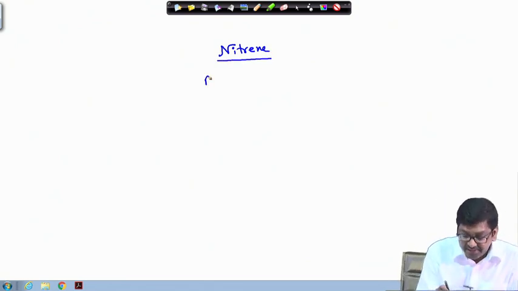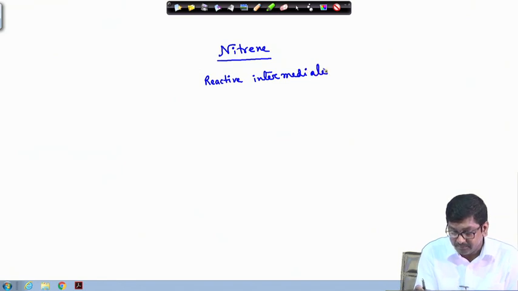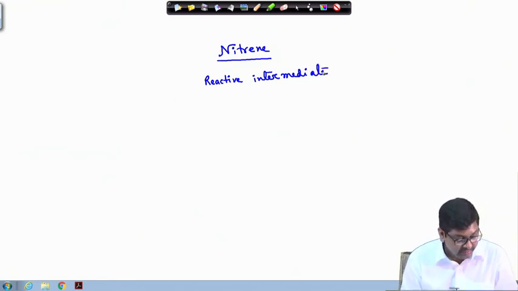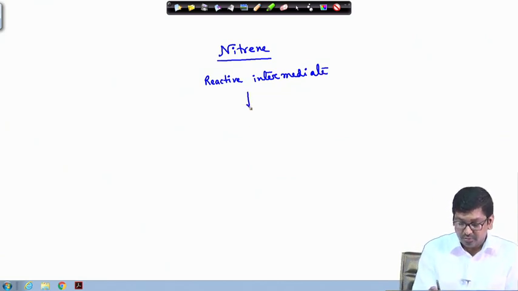So, this reactive intermediate is actually the nitrogen analog of carbene.